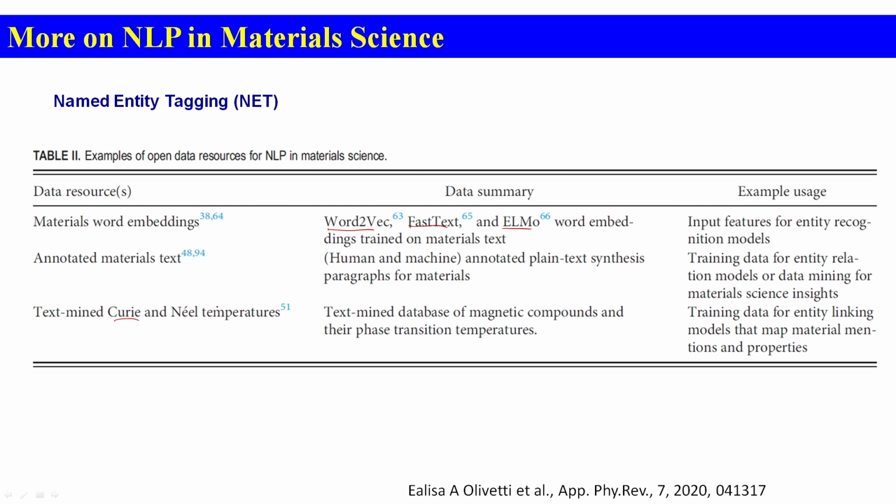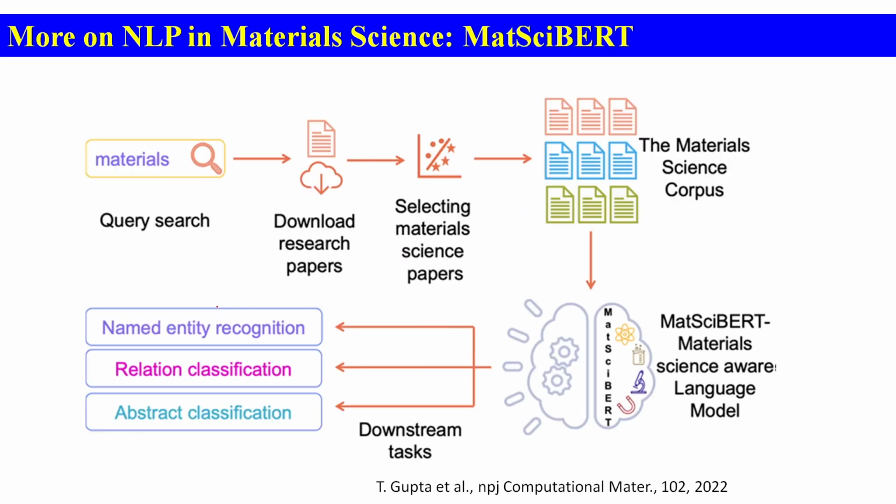So, there are many ways one can do that. Once you do that, you can develop a query search from the downloadable papers, and then you can create what is known as a database, and that database can be used for all kinds of analysis, like classification and recognition.